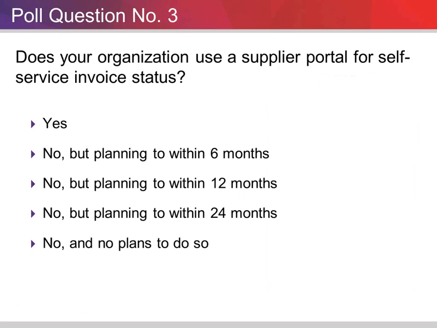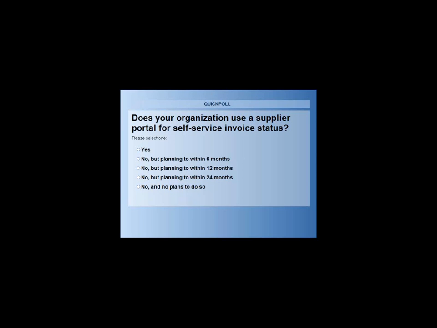Very impressive. That brings us to our next and final poll question, which is now displayed on your screen. We want to know, does your organization use a supplier portal for self-service invoice status? Yes, no, but planning to within 6 months, no, but planning to within 12 months, no, but planning to within 24 months, and no, and not planning to do so.